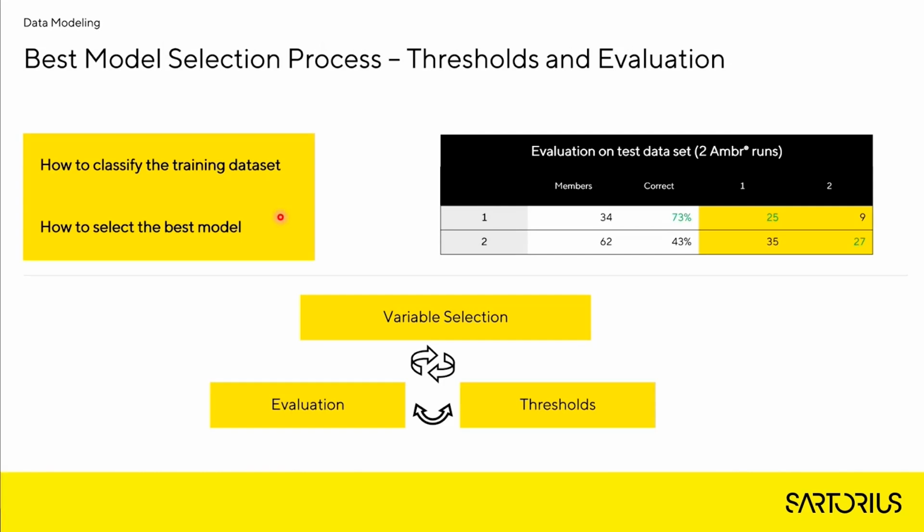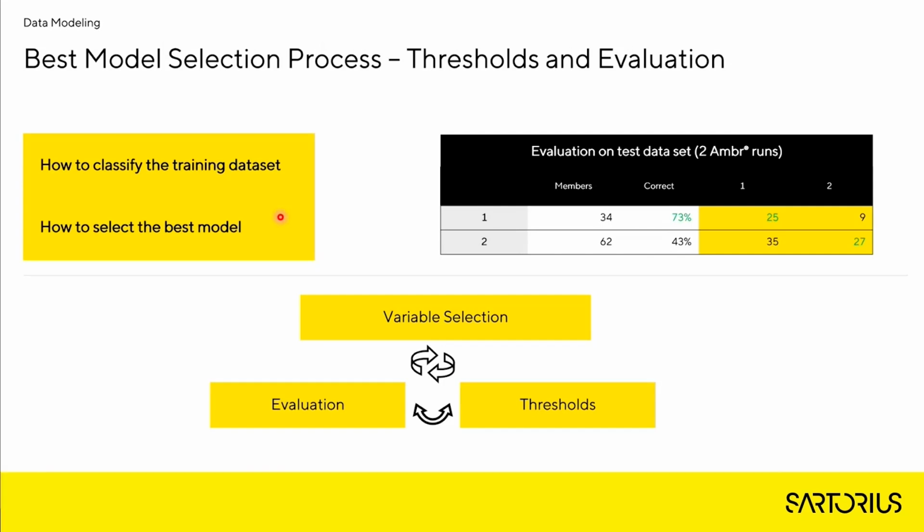73% correctness rate based on the confusion matrix that we see here. Confusion matrices are used to categorize your models and serve as metrics to evaluate your classification algorithms.